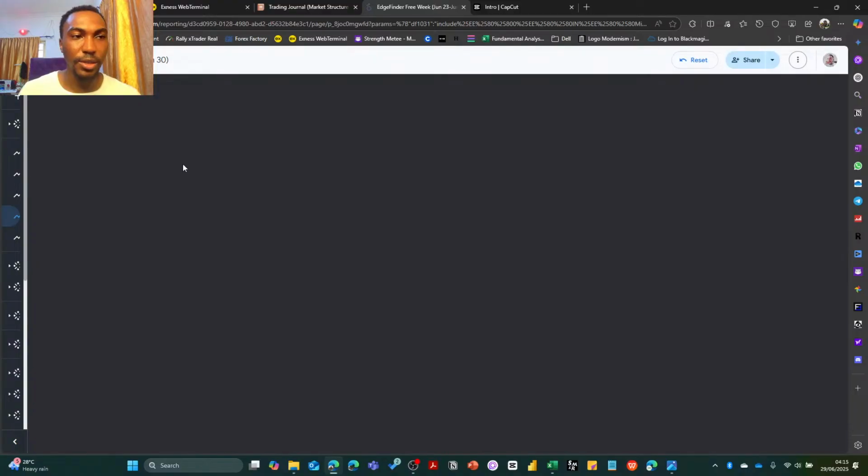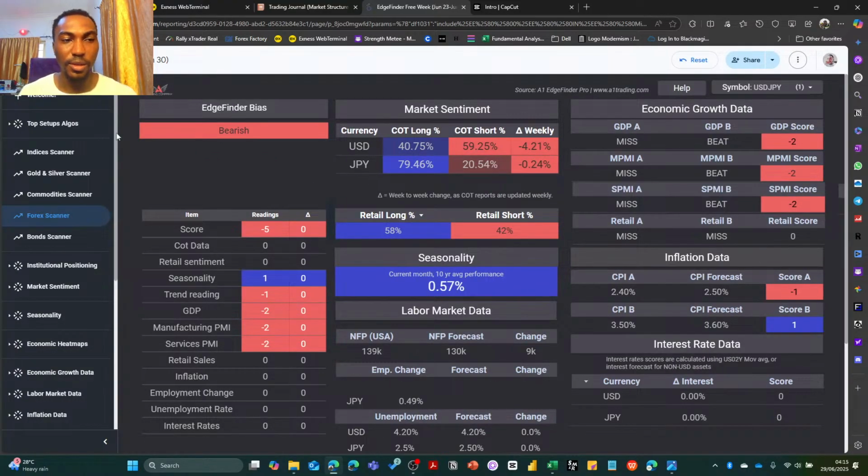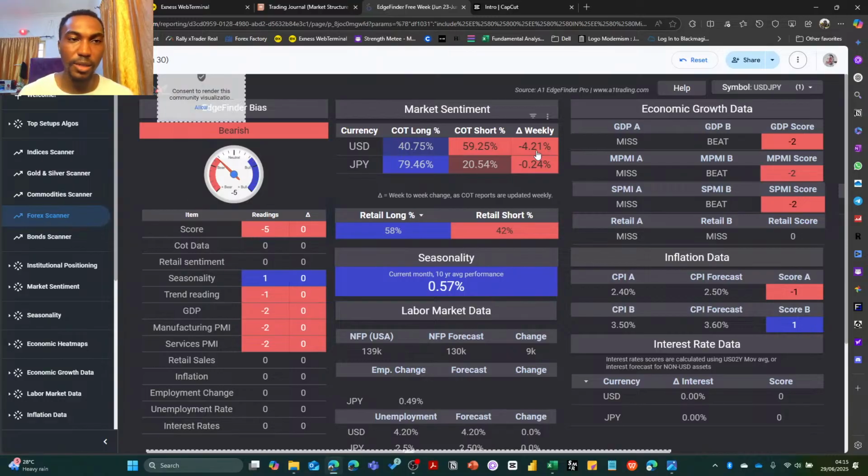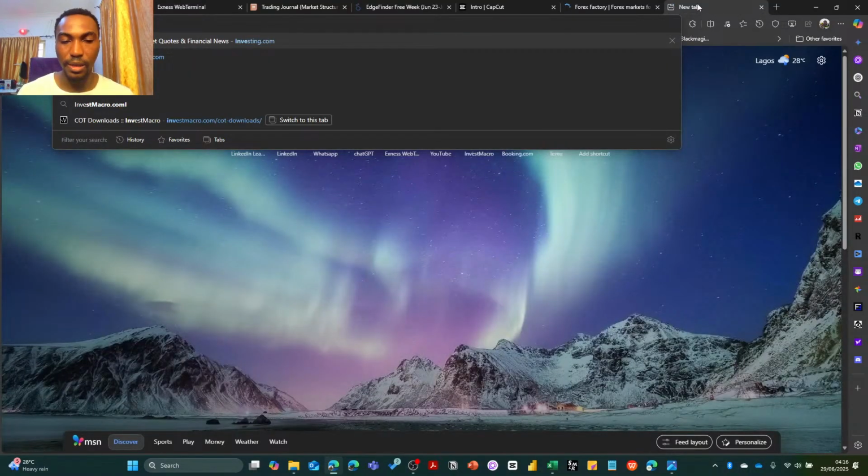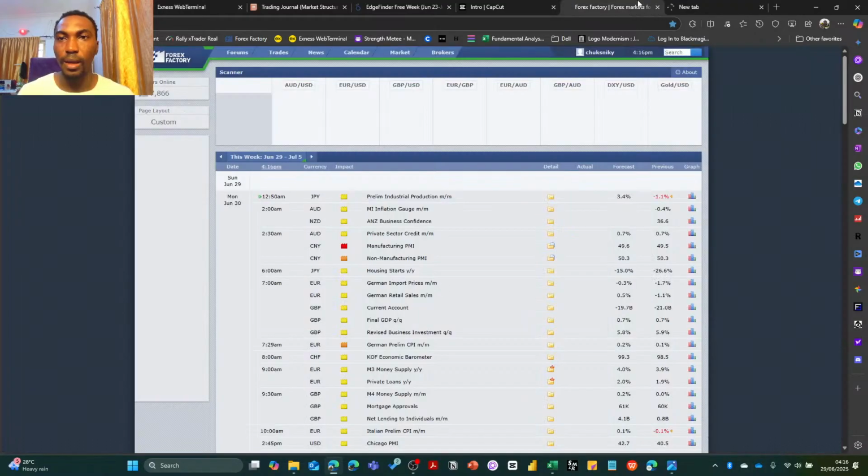The Edge Finder 2. So this is where I stopped. I stopped at something called the Forex scanner, right? This is something that you can use to scan the markets. And take note, the Edge Finder 2 doesn't just take out the fundamental analysis that you need to go through. Instead of you having to go to forexfactory.com, or like myself, I recently have been using investing.com, and having to go look at the calendar and acquaint yourself with it, try to find out what's coming for the next week, all that stuff.